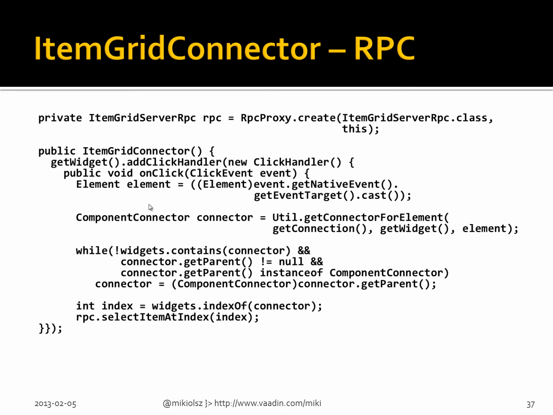What we get in the onClick method is the element that was clicked. Then we can use a utility method to locate the connector that was clicked. If we clicked a label, for example, then that label will be returned as clicked in this particular case.